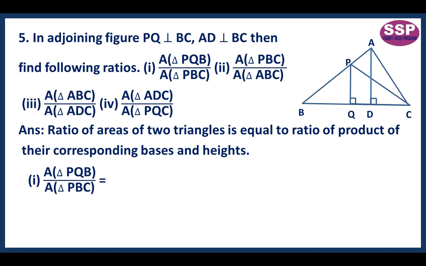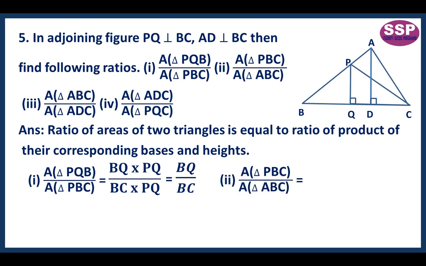In numerator we have to take product of corresponding base and height of triangle PQB. Therefore we have to write in the numerator BQ multiplied by PQ, and the denominator we have to take the product of base and height of triangle PBC, that is BC multiplied by PQ. PQ get cancelled and answer will be BQ upon BC.